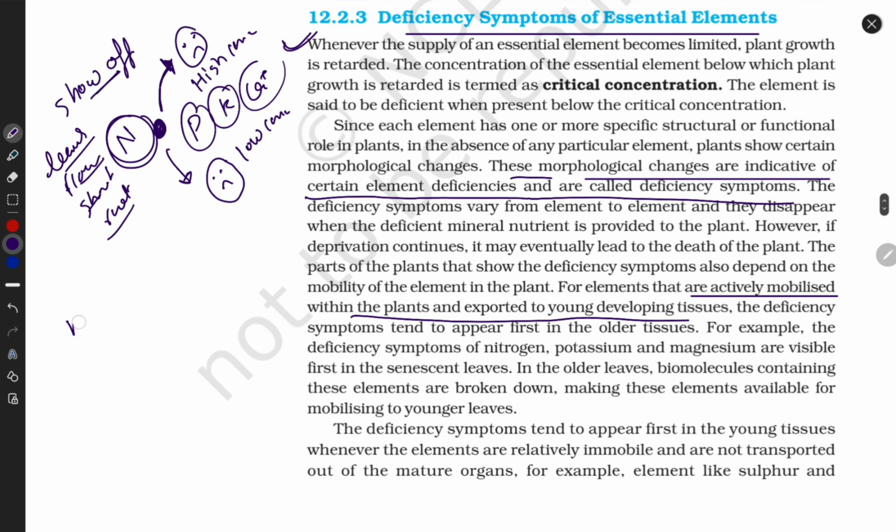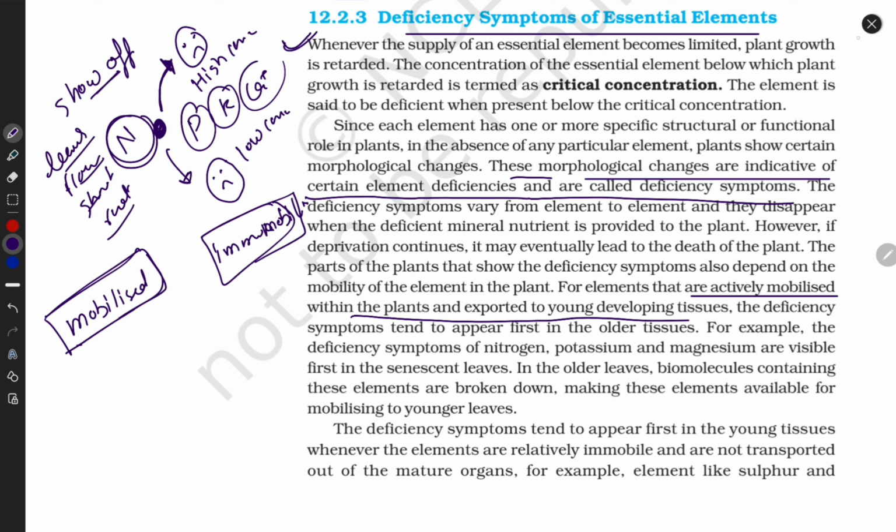Okay, there are two terms, mobilized and immobilized. Some elements are mobilized and some elements are immobilized. Let me write here the immobilized elements: calcium, sulfur, iron, boron, cobalt. These are the immobile. The rest of the remaining are mobile.